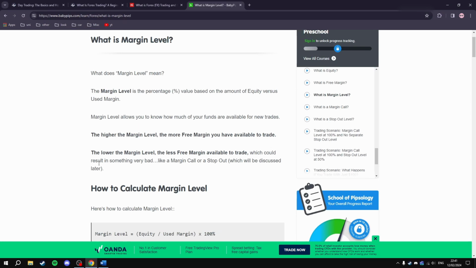The higher the margin level, the more free margin you have available to trade. The lower the margin level, the less free margin available to trade, which could result in something very bad like a margin call or stop out, which will be discussed later.